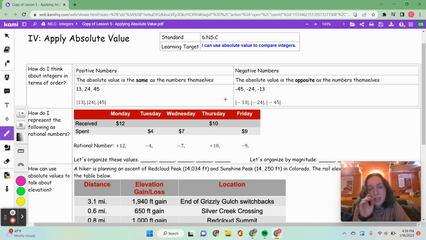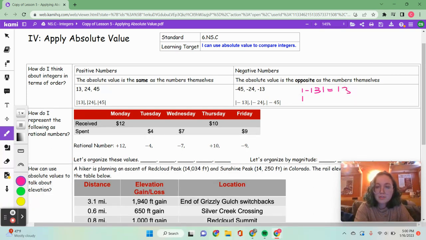However, if I take negative numbers, and if I'm ordering negative numbers from least to greatest, negative 45 is the lowest on the left side of the number line, right? And then negative 24, and then negative 13. However, if I take the absolute value to find the magnitude, the one that is closest to 0 is negative 13, because the absolute value of negative 13 is 13.